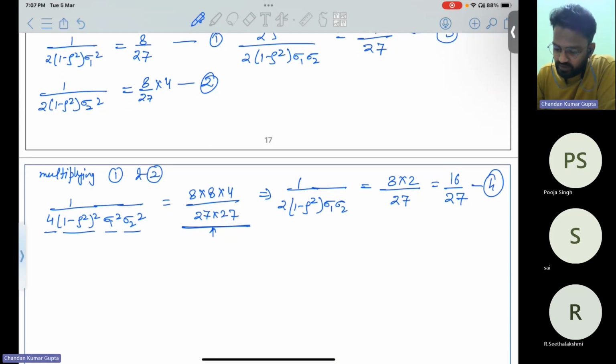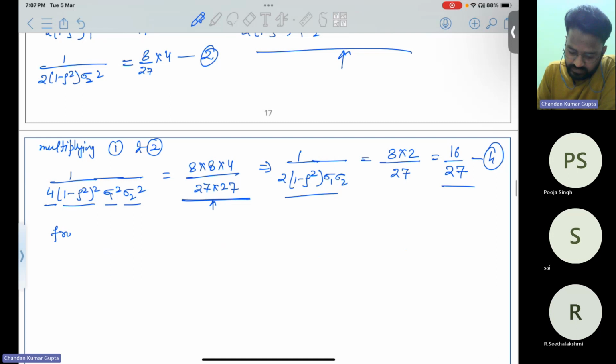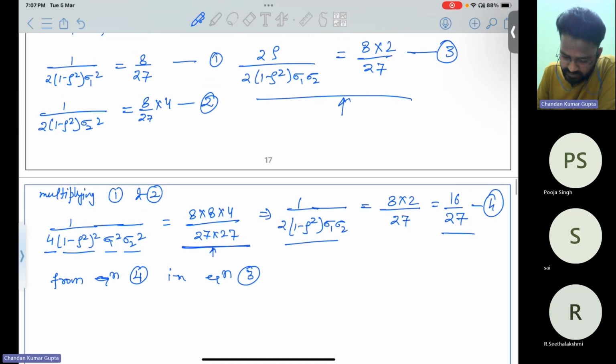Now we have the value of this. Putting the same value from equation 4 in equation 3, this comes out to be 2 rho into the whole quantity, which is 16 upon 27.